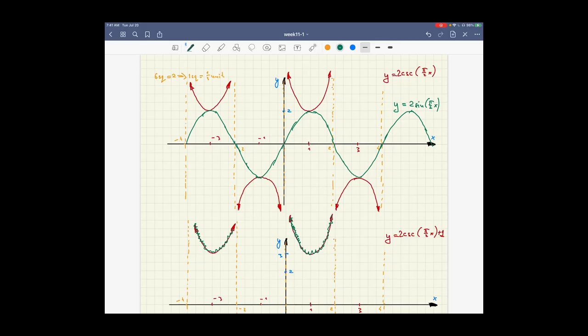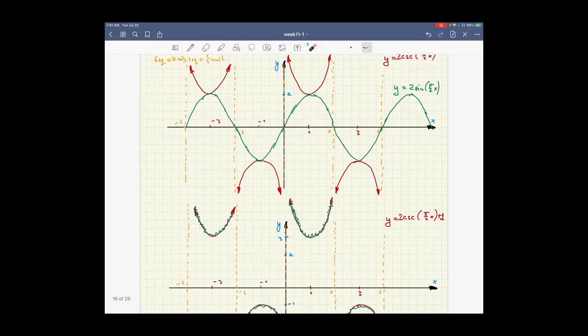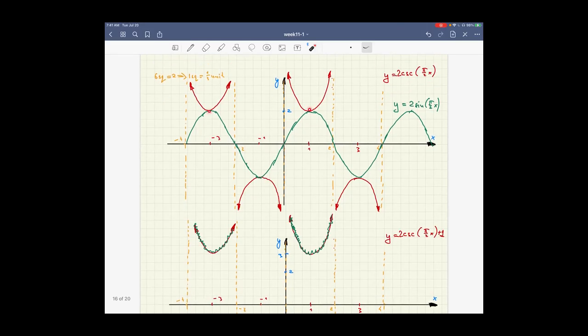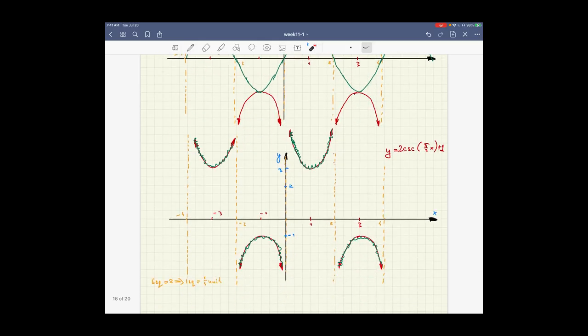Now what we need to do with this function is simply raise it by 1 unit up, so that these will start at 3 rather than 2, and these will start at -1 rather than at -2.